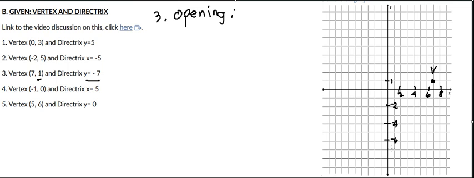Okay, here. This is where our directrix is, passing through where y equals negative 7 is. And you can see that it is very clear that our parabola is opening upward.